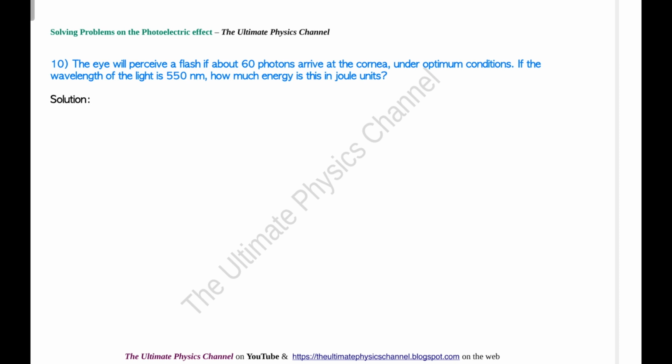The eye will perceive a flash if 60 photons arrive at the cornea under optimum conditions. If the wavelength of the light is 550 nanometers, how much energy is this in joule units? So here the sensitivity of the eye is given to be about 60 photons, and lambda is 550 nanometers.